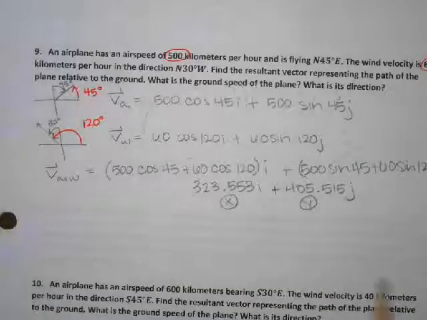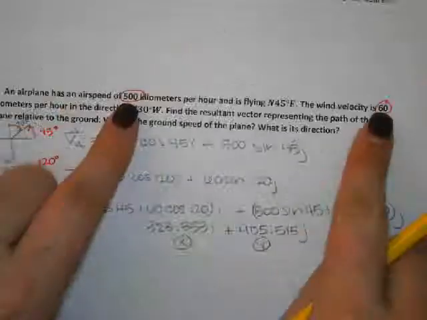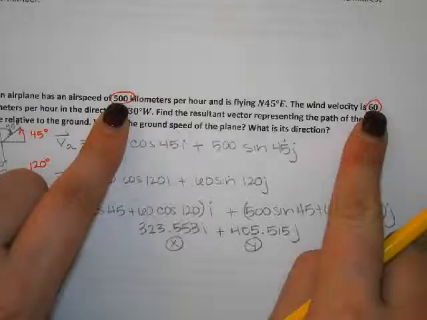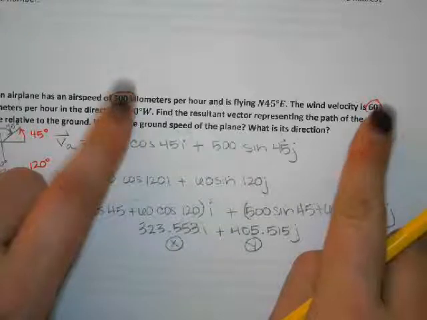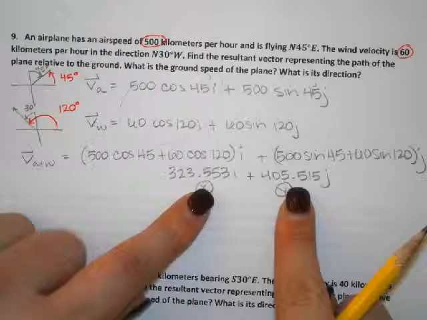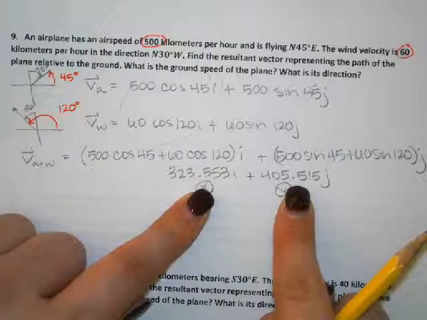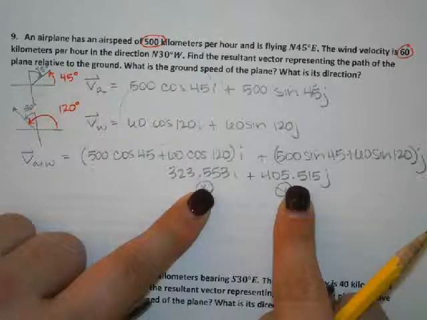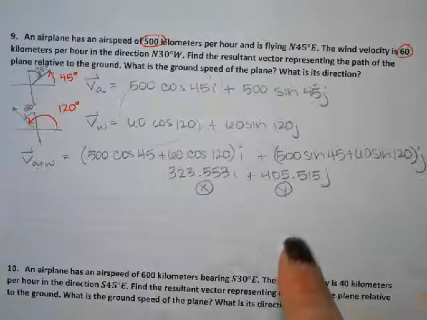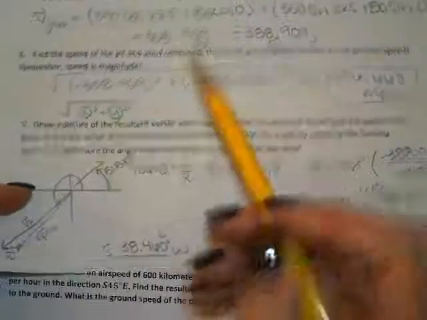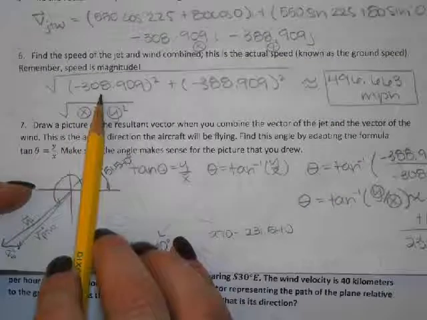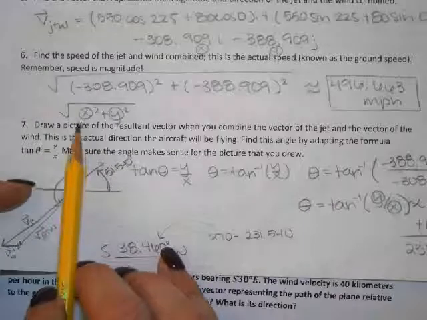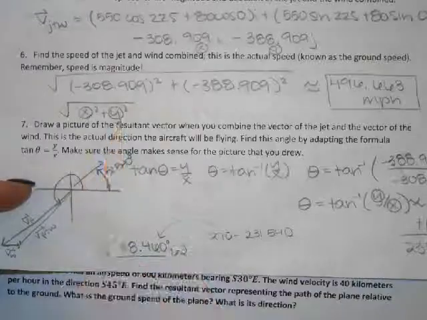Okay, so let's go ahead and figure out what the actual speed of the plane is. What word did we call this in vector vocabulary? Magnitude. So what we need to do now is find the magnitude of the airplane and the wind together. All right, and that's the speed formula. So if you're going to find the speed, you're going to find the magnitude. And that's why the next thing we did in the notes is we took the square root of x squared plus y squared.